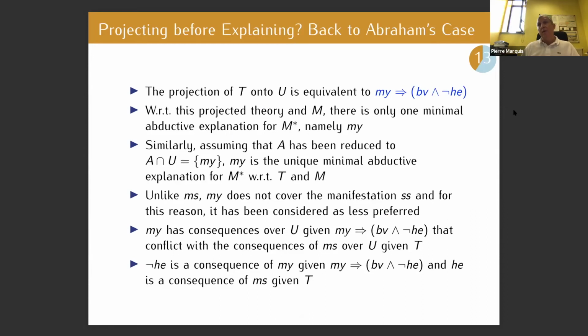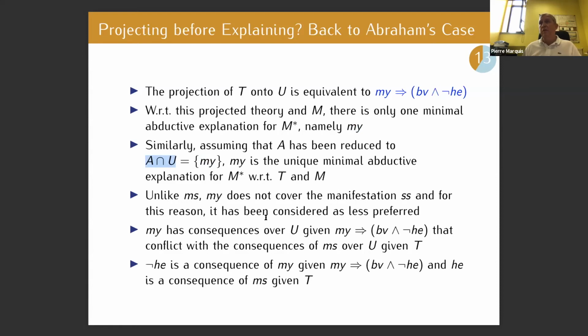So considering this projected theory, we would get only one possible abductive explanation, myopia, that is not the same as the preferred explanation found by the physician. We would get the same explanation if the set of assumptions had been reduced to the set of understandable assumptions, so to say. And the point, of course, is that this is not the same explanation.